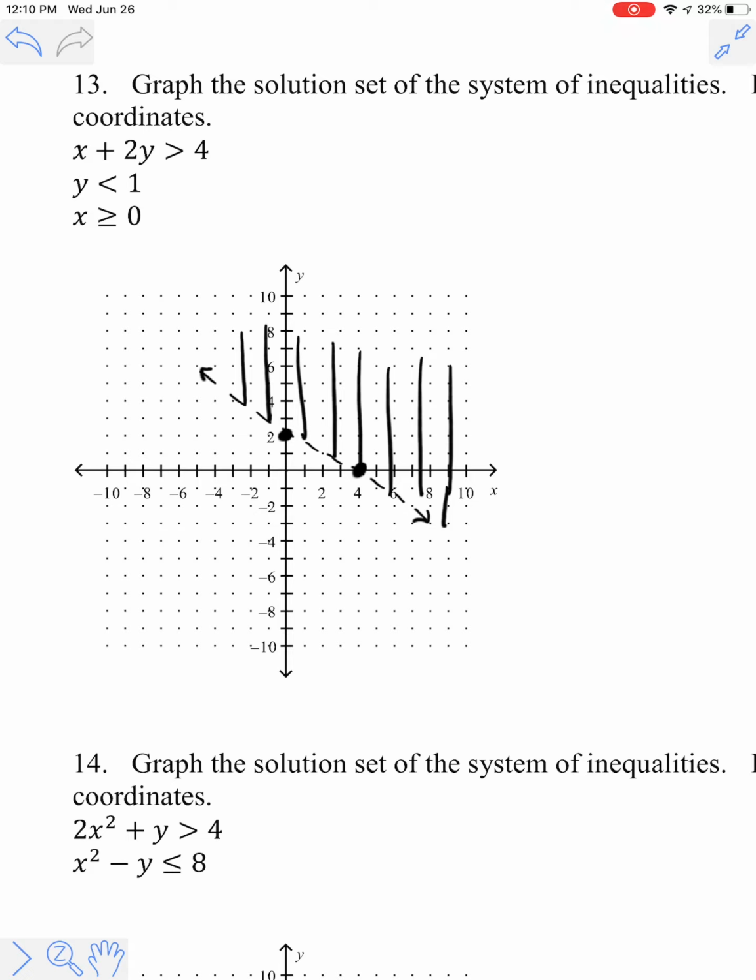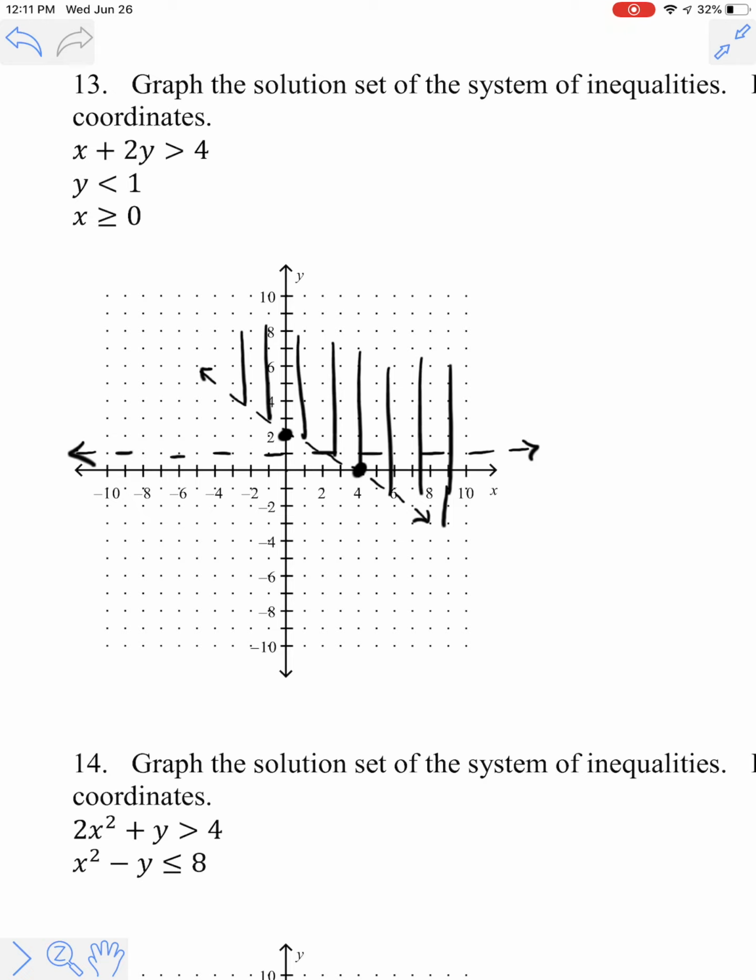Now, the second inequality, y is less than 1. Since there's no x variable, the equation y equals 1 is just a horizontal line going through 1 on the y-axis, and since it's not equal to, it's just strictly less than, it's another dotted line going through y equals 1.